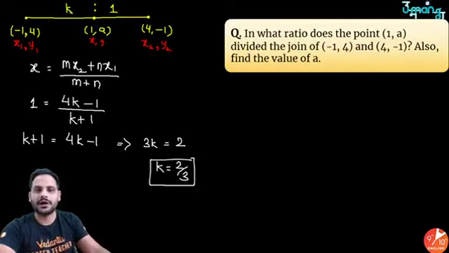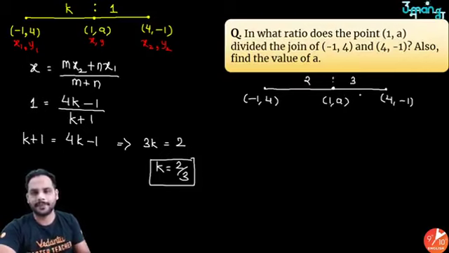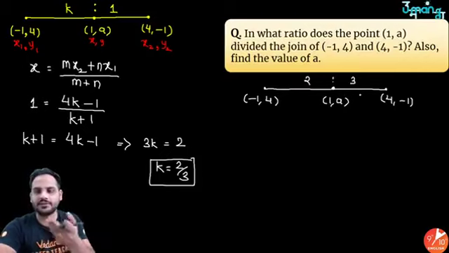Got it? So now you got to know, sir, the diagram is actually like this. Minus 1 comma 4, 4 comma minus 1, the point here in the middle, suppose its coordinates are 1 comma a, and the ratio is 2 is to 3. Now I need to find the y coordinate where I know the ratio.